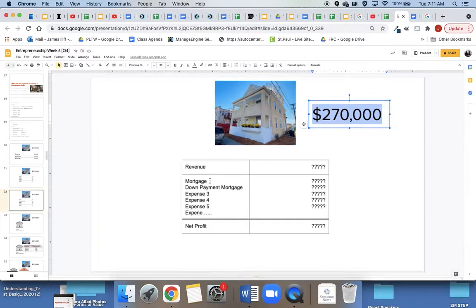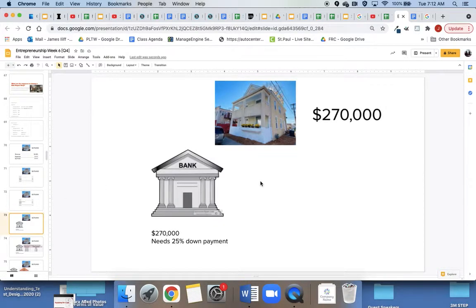Well, that's where we get into mortgages. So let's imagine that we want to buy this property. We're going to go to this bank and we're going to say, hey, I want you to lend me $270,000 to buy this investment property.